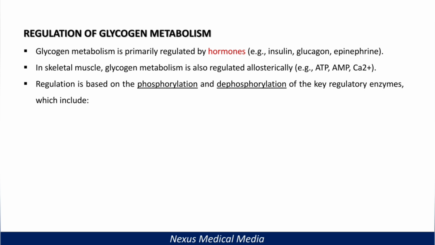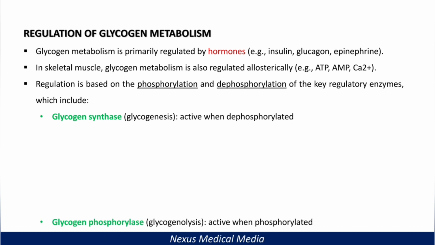And regulation is based on phosphorylation and dephosphorylation of the key enzymes. Let's say you have the glycogen synthase. This glycogen synthase is responsible for glycogenesis, right? So it's active when dephosphorylated, right? So if you phosphorylate it, you inactivate it.